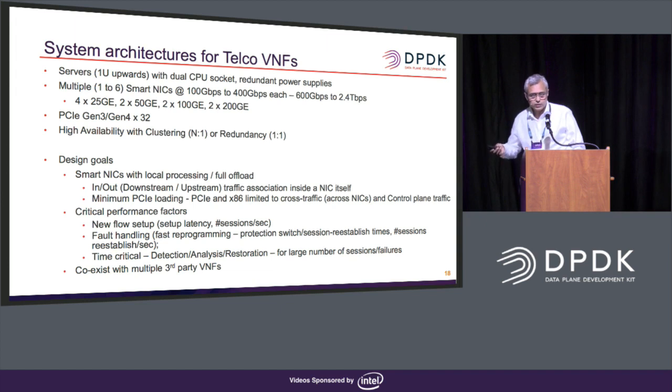If there is a failure in the network, a huge number of users have to be reprogrammed from one NIC to another NIC, from one line to another line. So this requires a lot of intense processing closer to the point of failure, which in this case would be as close as the hardware itself. So this was another reason.